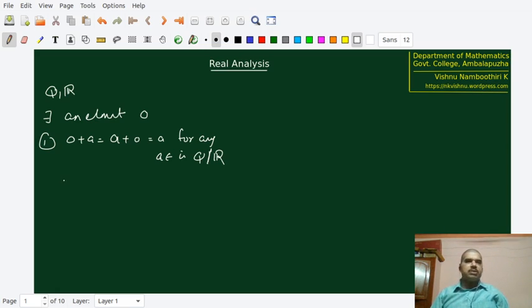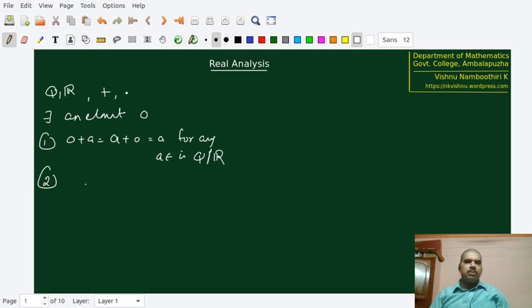Similarly, the addition of any two rational numbers is a rational number. Therefore, plus is what we call a binary operation in Q, and it is a binary operation in R also. And dot, which is multiplication, is a binary operation in Q as well as R. That is, the product of any two rationals is again a rational, and the product of any two real numbers is again a real number. And addition satisfies the extra property that there is an element 0 satisfying this condition.